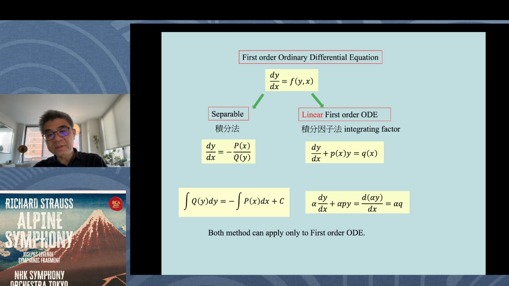So these two methods could not be applied to your future study most of the time. However, because first order ODEs are the simplest ODEs, we still provide this calculation as the first step into differential equations.